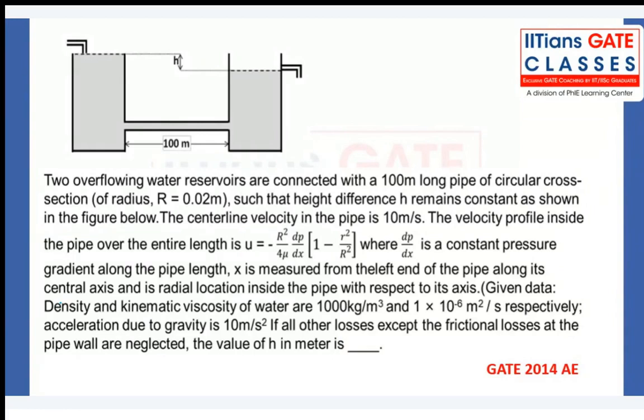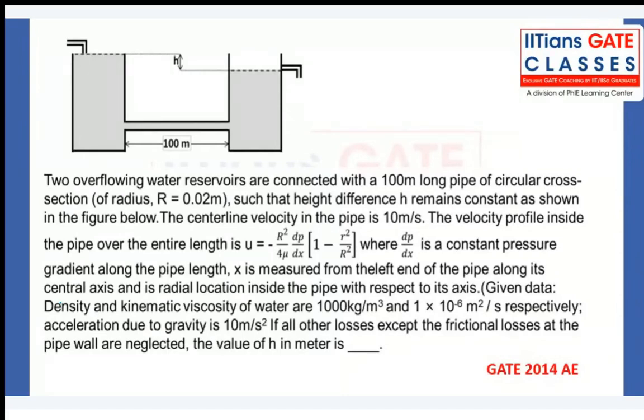Dou P by dou x is a constant pressure gradient along the pipe length. X is measured from the left end of the pipe along its central axis, and r is the radial location inside the pipe with respect to its axis. The density as well as kinematic viscosity are given respectively. If all other losses except frictional losses are neglected, they are asking for the value of h.